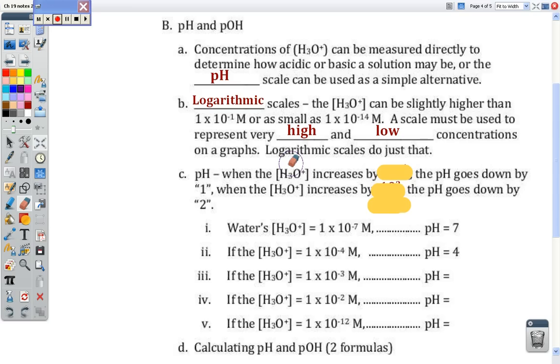The idea behind pH is when the ion concentration increases by 10, the pH goes down by 1. When the hydronium ion increases by 100, or 10 to the second, the pH goes down by 2. And remember, 10 to the second equals 100.